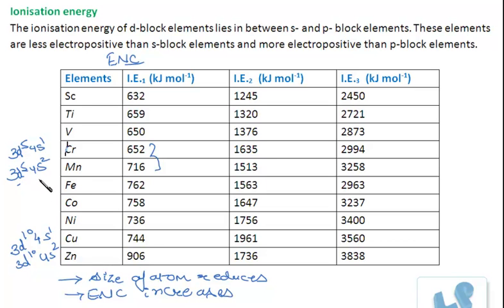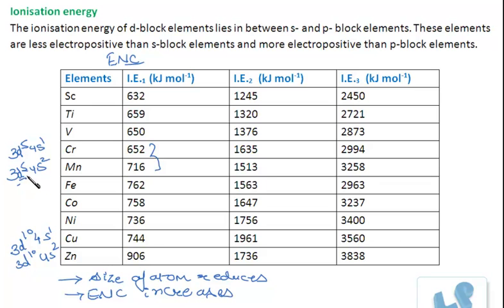Now students, you can see the difference in the ionization energies. In case of manganese, the second ionization energy is 1513, whereas in case of chromium, it is 1635. The third ionization energy for chromium is 2994, whereas for manganese, it is again high, that is 3258.